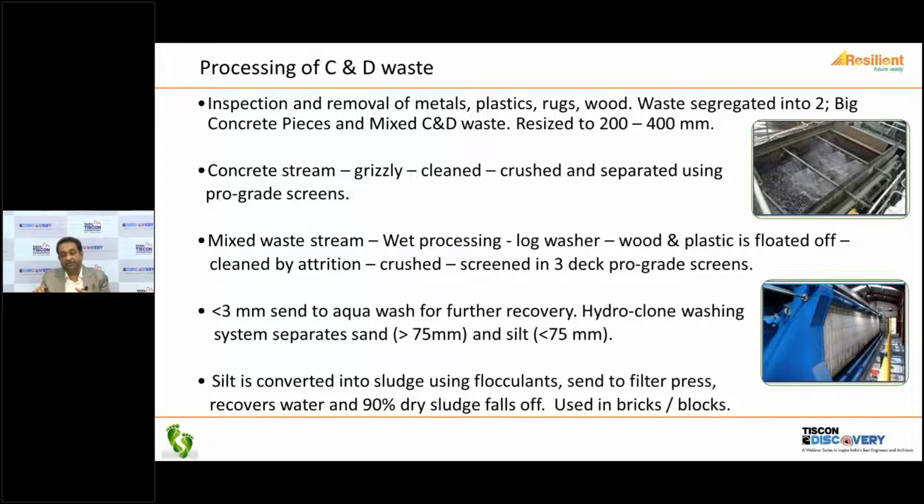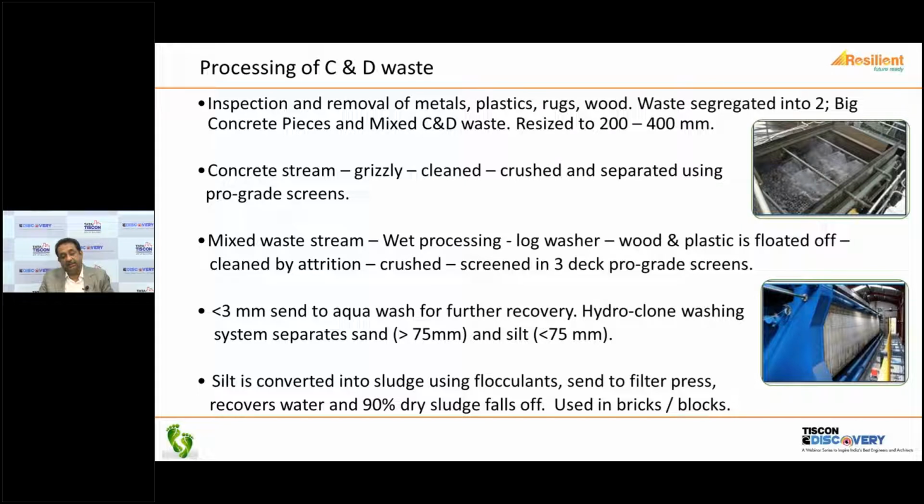Then it is sent to a filter press, what you see on the right-hand bottom corner. Inside the filter press, under pressure, the water is taken off. The water is recycled back into the system, and then 90% dry sludge falls off. This sludge can also be used in clay, as in brick making or block making. So this is in a nutshell what happens in a C&D facility from an operations standpoint.